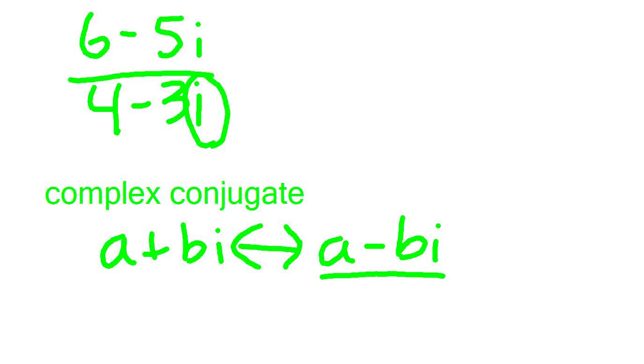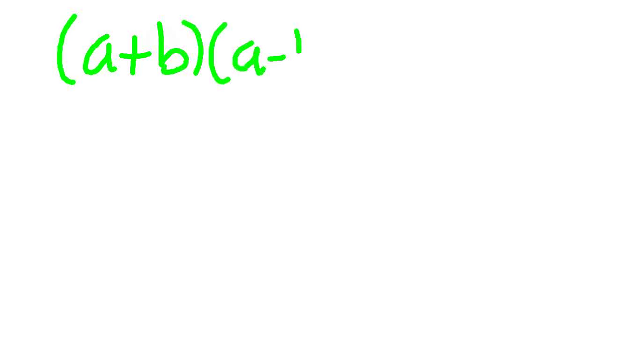So how do we use this when dividing complex numbers? Well, we use the fact that (a + b)(a - b) equals a squared minus b squared.